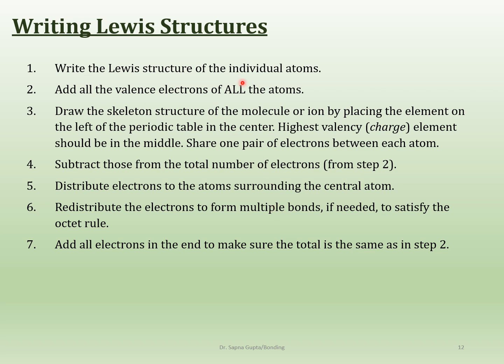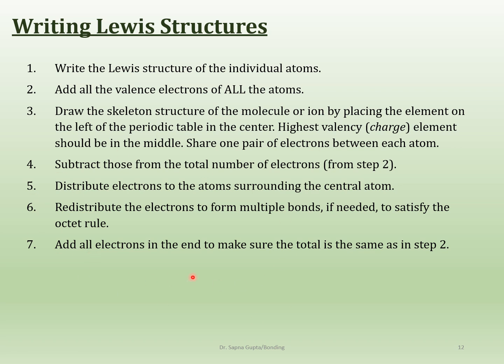Okay, so first write the Lewis structure, then count all the valence electrons, then you draw the skeleton of the structure, then you subtract. This is called electronic bookkeeping also, by the way. When you assign electrons, when you write all the electrons and you subtract electrons that you have already added to the structure, that kind of electronic bookkeeping makes sure that you have taken account of all the electrons, because again in Lewis structures you have to account for all the electrons, okay?